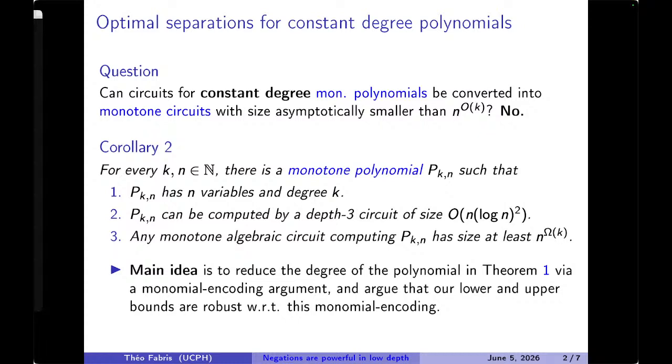Most of the previous lower bounds were probably known to be robust with respect to this monomial encoding in some sense. But the hard part is to show that we can reduce the degree of the polynomial and still get the same upper bound. This robustness of our upper bound comes from the fact that our upper bound is very simple, as I'm going to explain later. So, those are our main results.